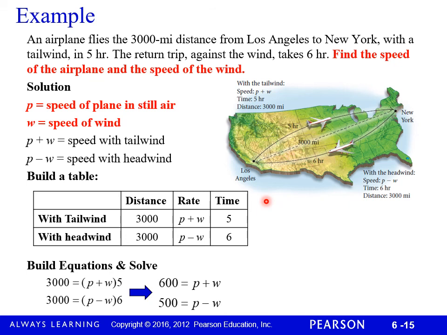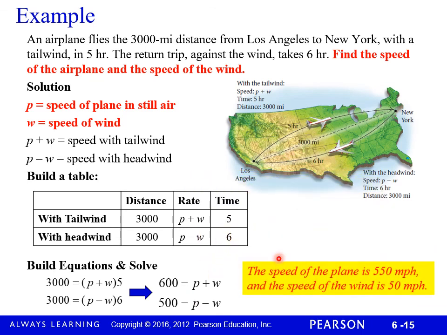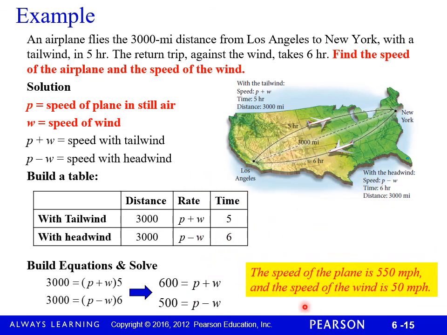So I can divide the first equation by 5 on both sides, the second equation by 6 on both sides. Now, why did I do that? Because notice this system already has the variables ready to do elimination, the w's will disappear if I just add those two equations. And if I do that, I get the speed of the plane is 550 miles per hour, and the speed of the wind is 50 miles per hour.